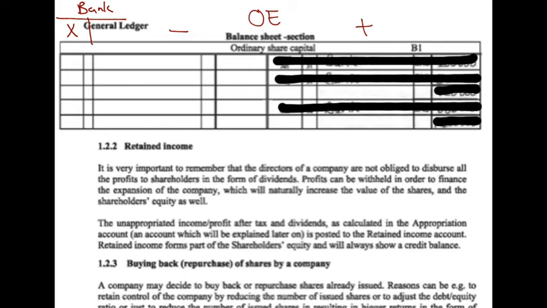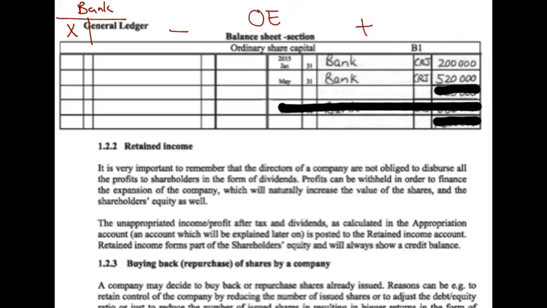January 31st, we issued our first 100,000 shares at R2, so that gives us an amount that came into bank of 200,000 Rand, and we used our CRJ to record the transaction. On May the 31st, we also used bank again for the 520,000, which we've got from the second issuing. That leaves us with a total of 720,000 currently in the ordinary share capital account.